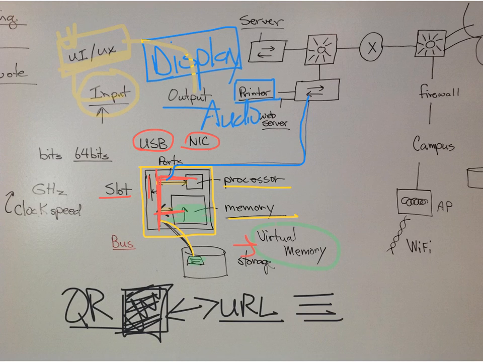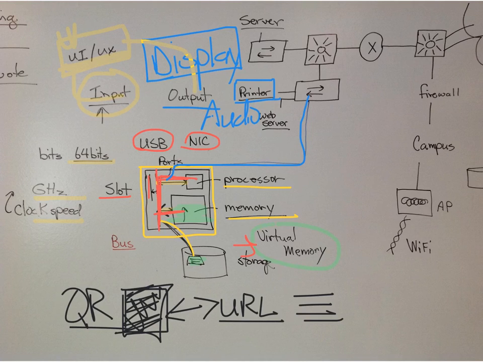Okay, so just to finish up here, I should mention a couple other things. We talked about gigahertz, the clock speed in the computer, the word length inside the processor, and so forth.